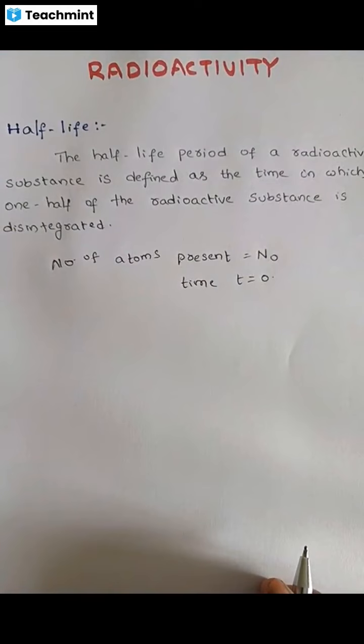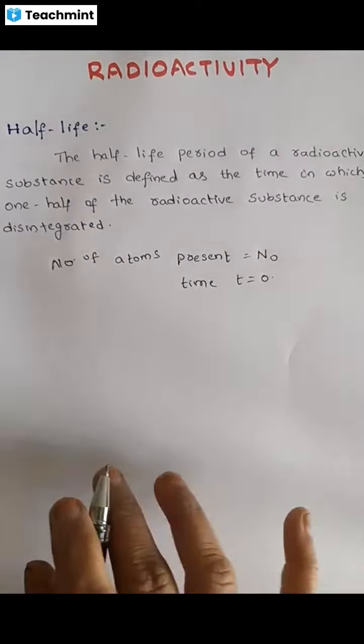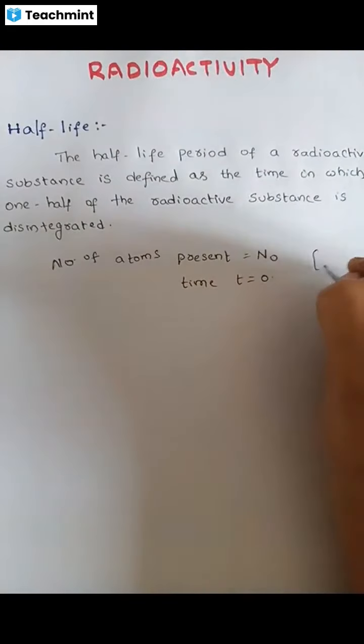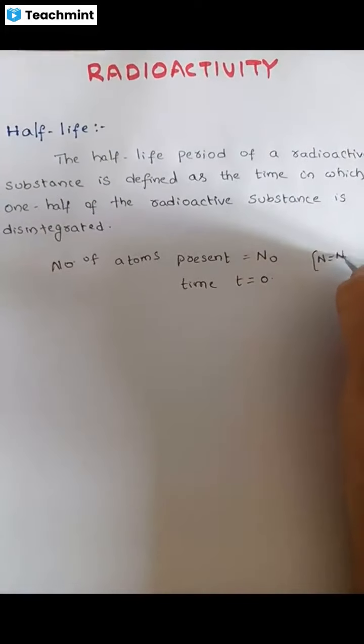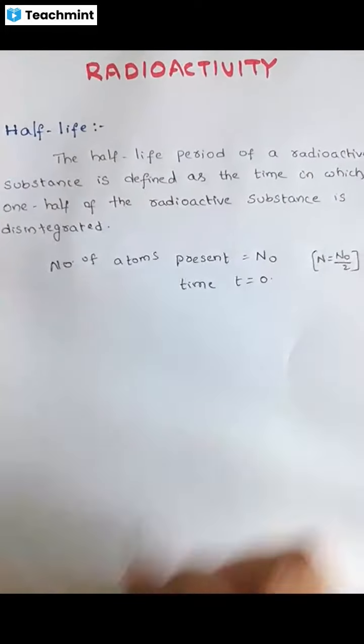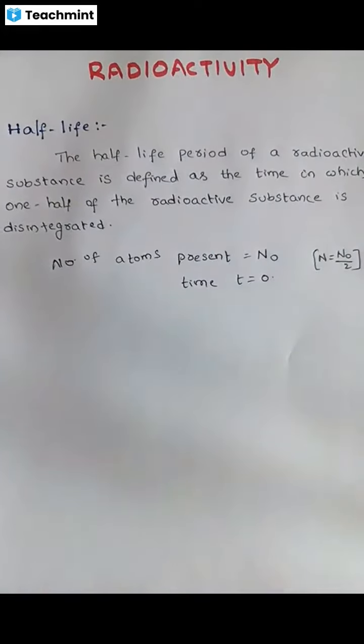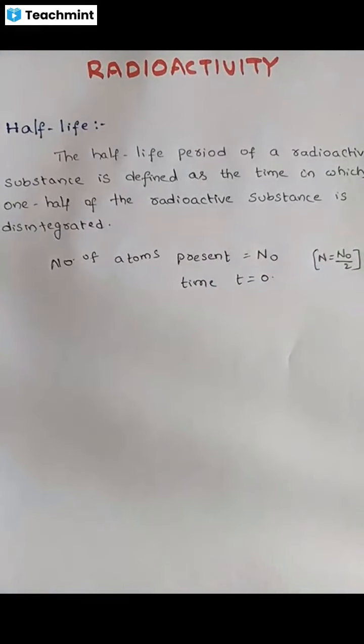And we know that half-life is the time taken to disintegrate half of its quantity. That means after half-life, our number of atoms N should be equal to N naught by 2. So let us consider that.